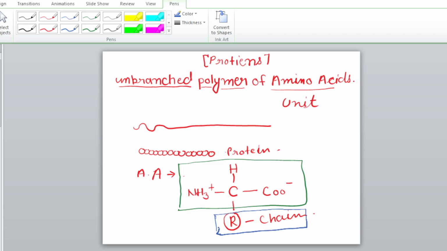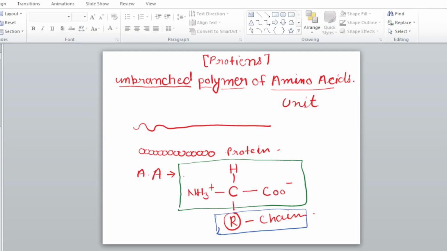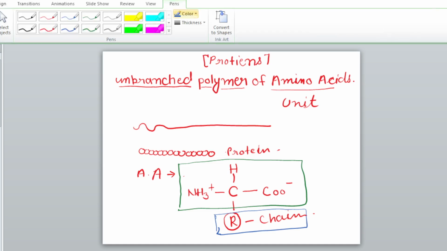Around 300 amino acids have been discovered and identified, but 20 are standard amino acids. These 20 amino acids are known as standard amino acids. So this is the structure of amino acid.